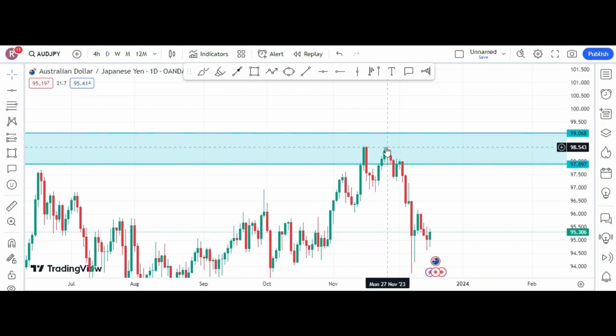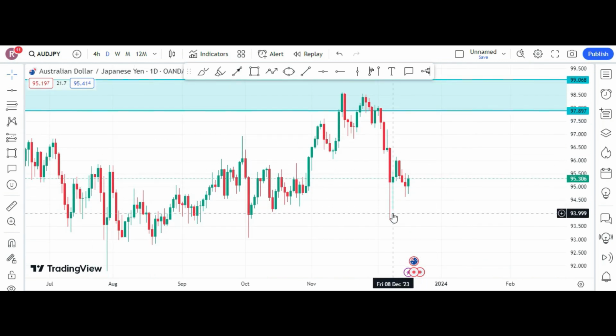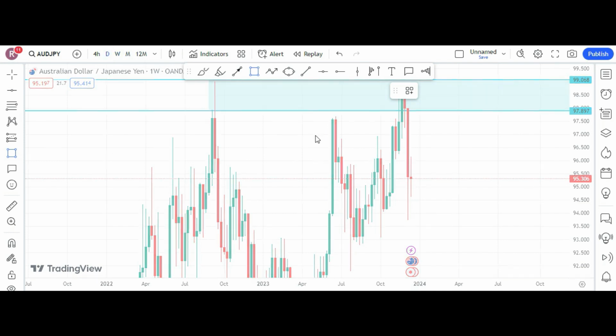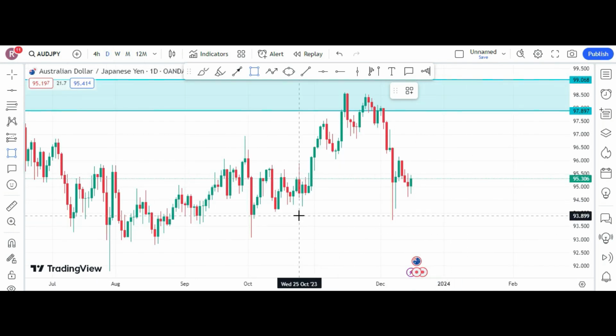So price failed to break out the higher high, and it started coming down, getting very bearish. And after getting here again, it made, in daily time frame you guys can see, or maybe we can see in weekly. No, in weekly there is no double bottom, but in daily we can see it has created a double bottom from this area.